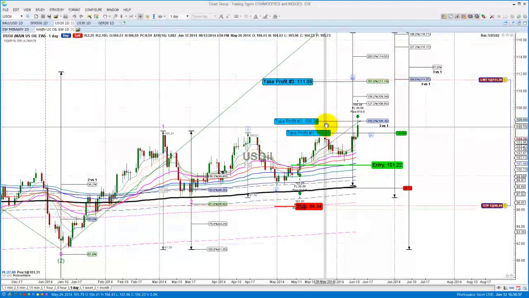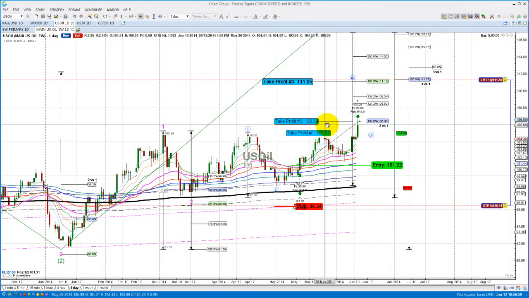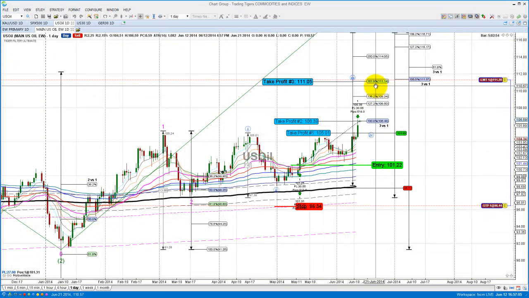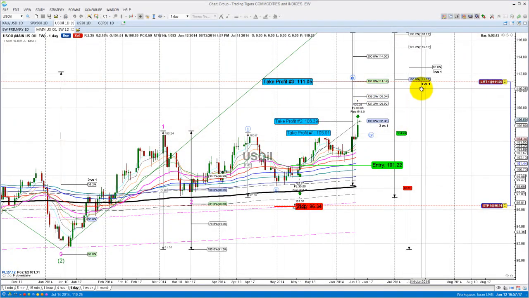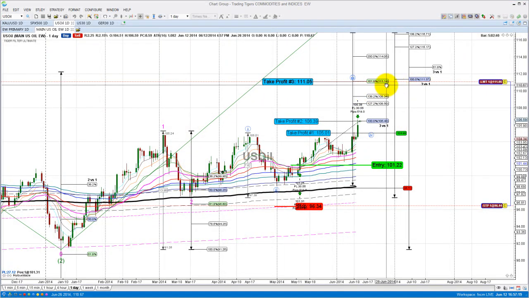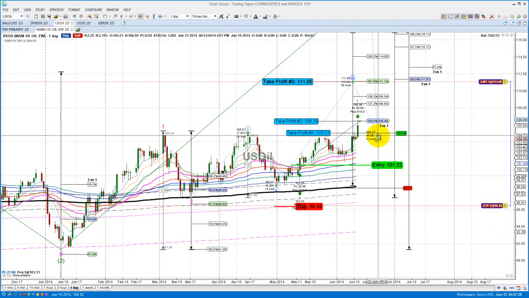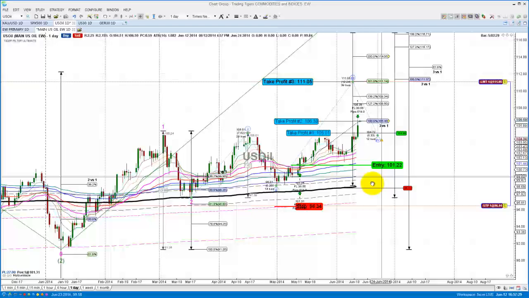The second profit target has been taken out at 106.39. The last target is going to be 111.41, and that will hopefully close out the wave of the extension of the minute degree. That's what we're looking for.